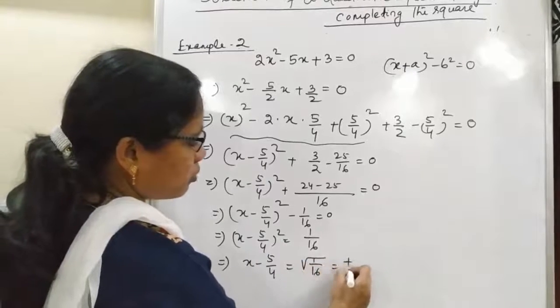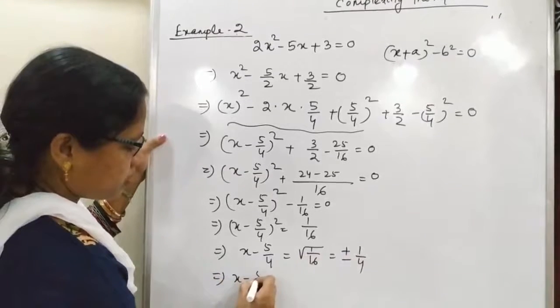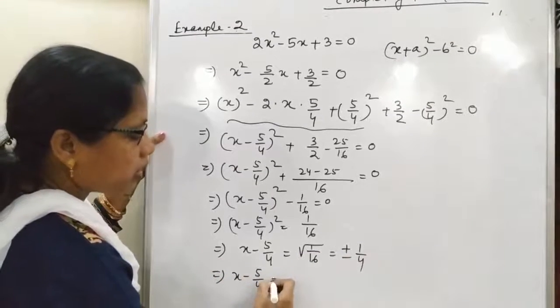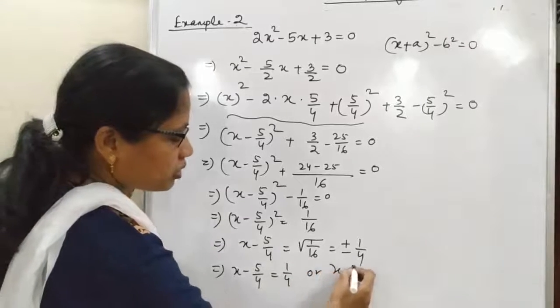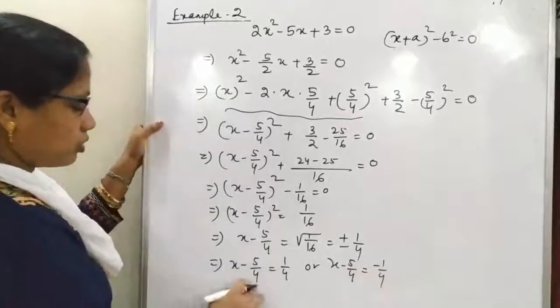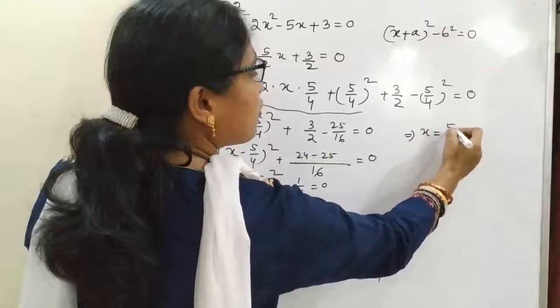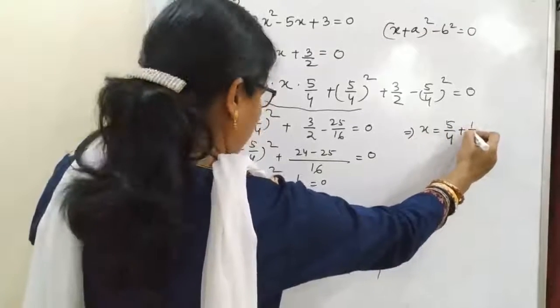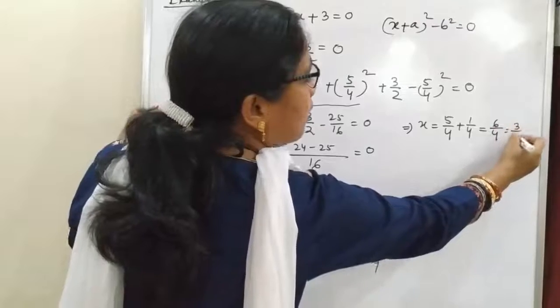So this is equal to plus or minus 1 by 4. So x minus 5 by 4 is equal to 1 by 4 or x minus 5 by 4 is equal to minus 1 by 4. In the first case, x is equal to 5 by 4 plus 1 by 4, so this is equal to 6 by 4 or 3 by 2.